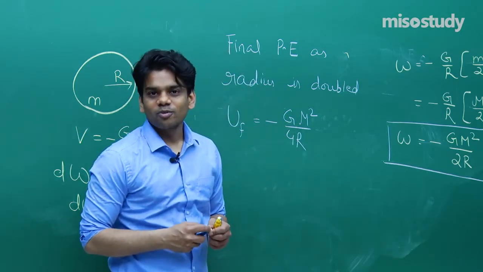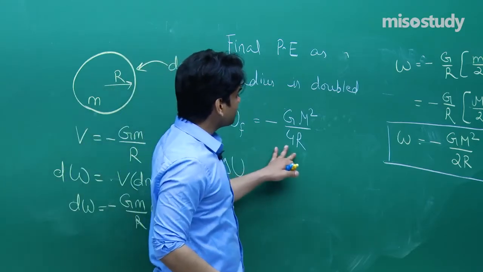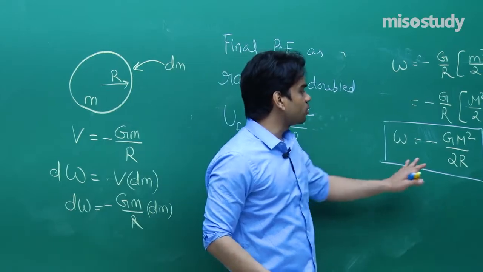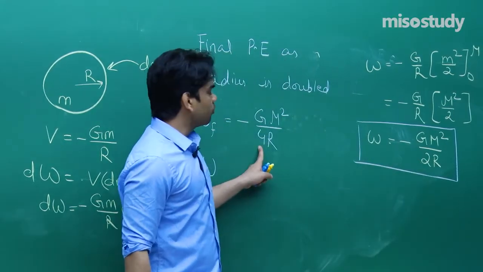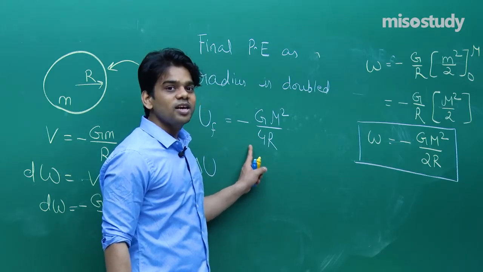This is the formula we will reach. So for the change in potential energy, you see this is actually smaller compared to this one. We have 4 in the denominator, so its magnitude will be smaller.